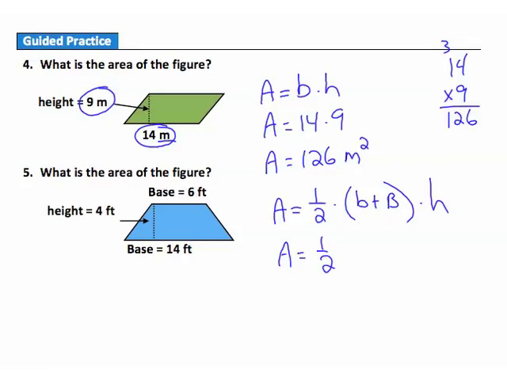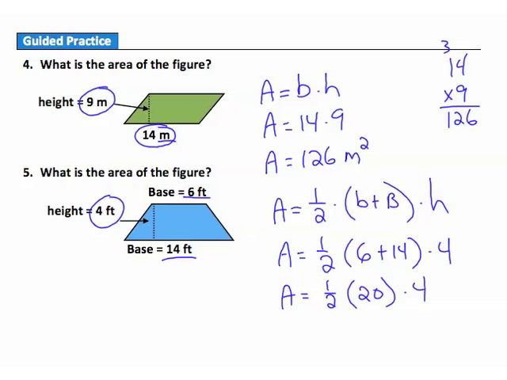Okay, so let's put some of this information in. One of my bases is 6 feet, the other is 14. So I would say 6 plus 14, and the height in this case is 4 feet, so I'm going to multiply by 4. And again, we want to follow the order of operations, so I'm going to add together what's inside the parentheses. And when I add 6 and 14 together, I get 20.